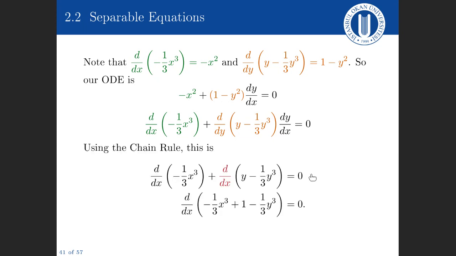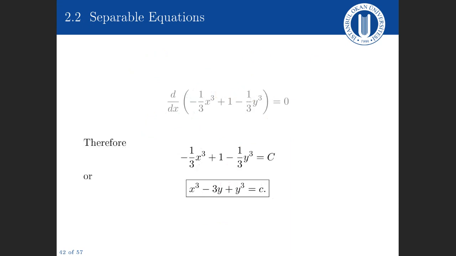But if you remember your chain rule from mathematics 2, this second term, d dy of a function, dy dx, is just the same as d dx of this function. So we just have d dx of some function is equal to 0. Integrate that, we must have that the function is equal to a constant.